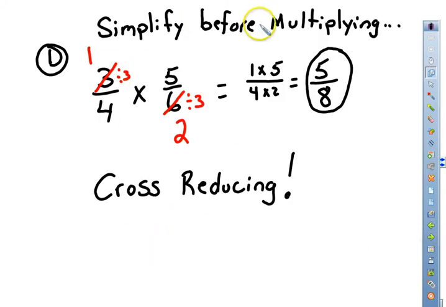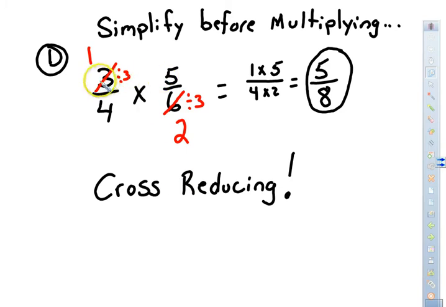And again, I kind of jumped the gun a little bit, simplifying before we multiply. And you can see here when we have 3/4 and 5/6 that we can reduce using cross-reducing. 3 goes into 3 one time, and 6 divided by 3 is 2, and you multiply 1 times 5, 4 times 2 to give me my new number.